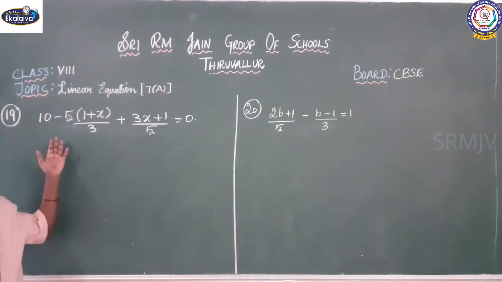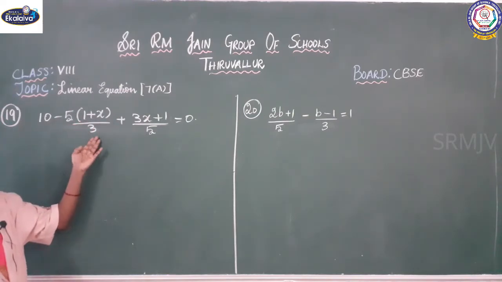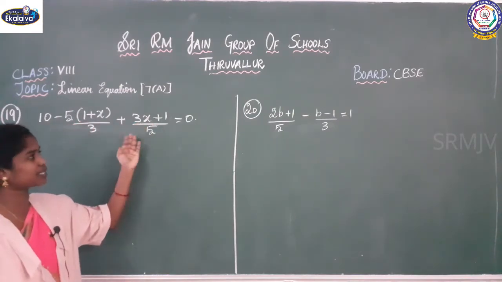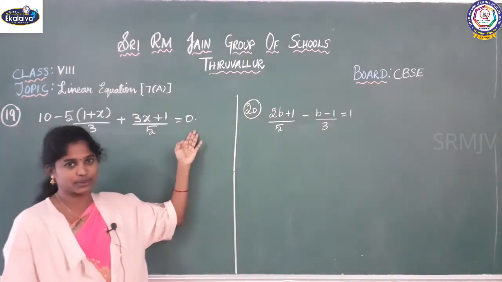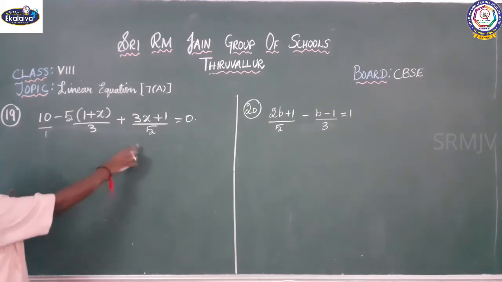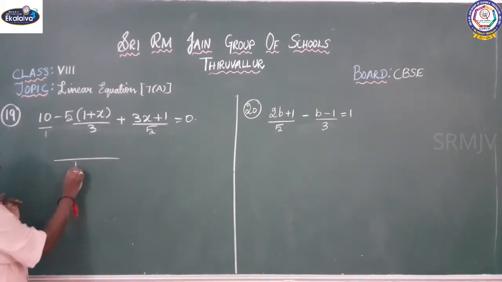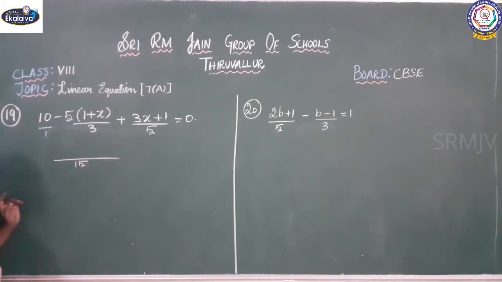See the 19th sum. 10 minus 5 into 1 plus x by 3 plus 3x plus 1 by 5 is equal to 0. We are going to take LCM for 1, 3, 5. So what you will get for 3 and 5? If you take, we will get 15. Okay. So 1 into 15 only 15, right?